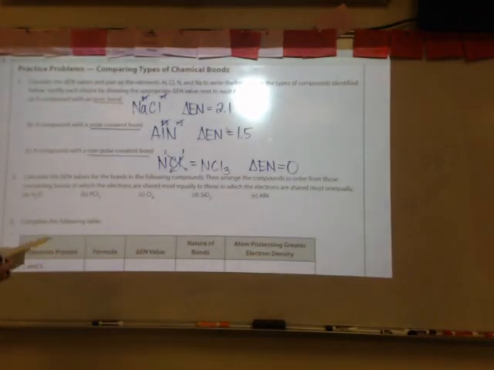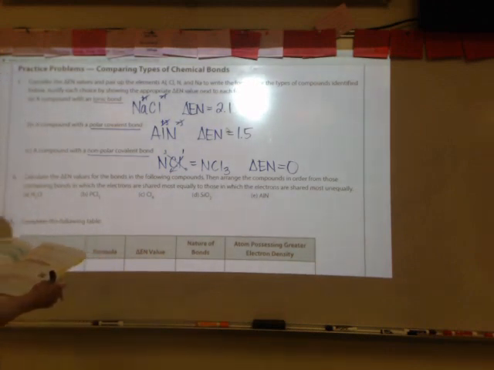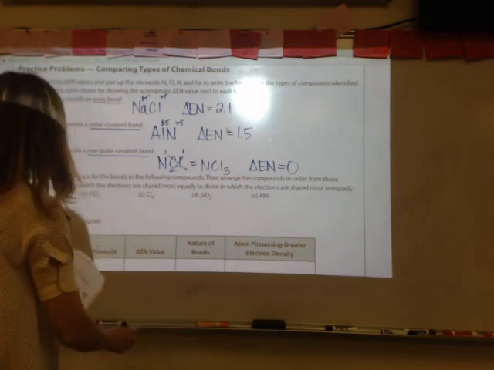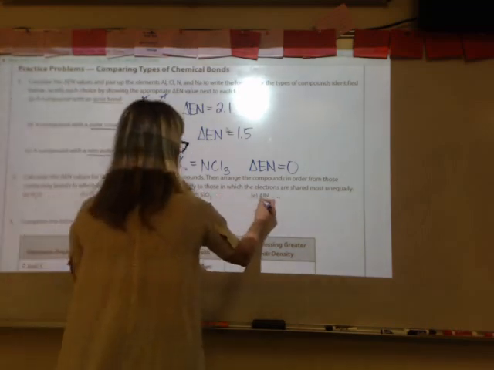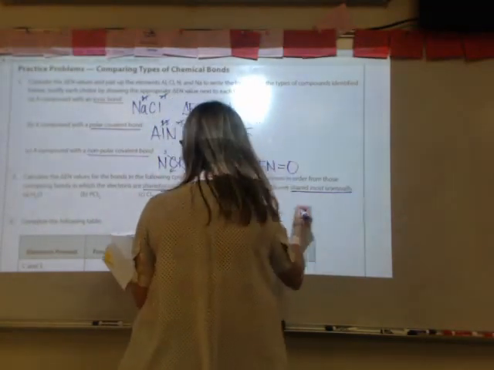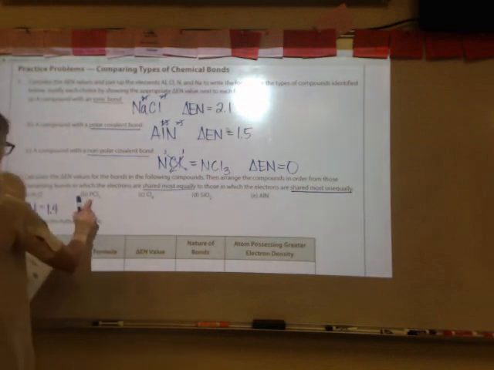Number 2, calculate the difference in electronegativity values for the bonds in the following compounds. Then arrange them in order from those containing bonds with the electrons that are shared most equally to those in which the electrons are shared most unequally. All right. The difference in electronegativity between hydrogen and oxygen is 1.4.